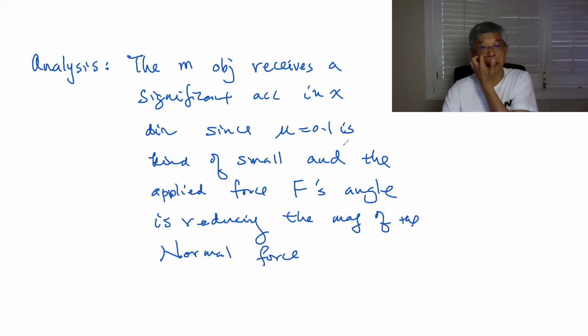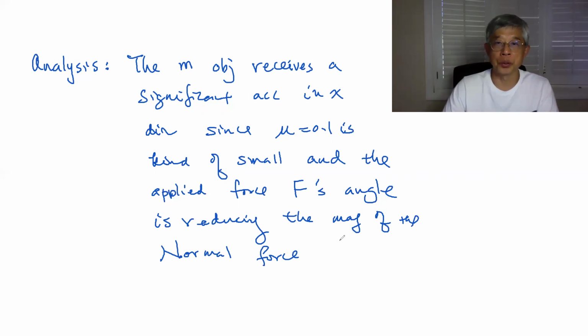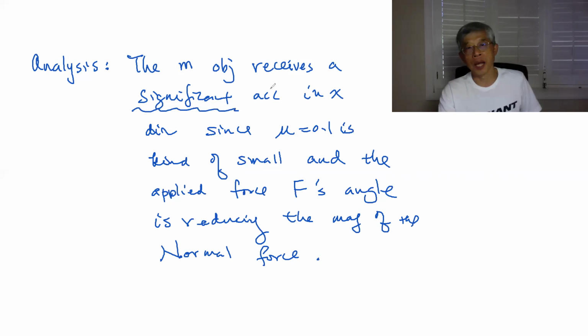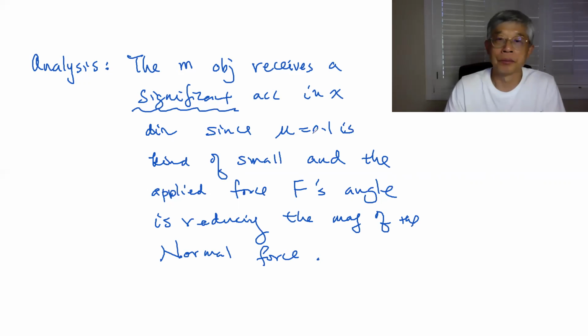Right? So mu is small and n is also being reduced. So this is why you can actually see that this a is pretty significant, right? Because it is equal to 8.2.